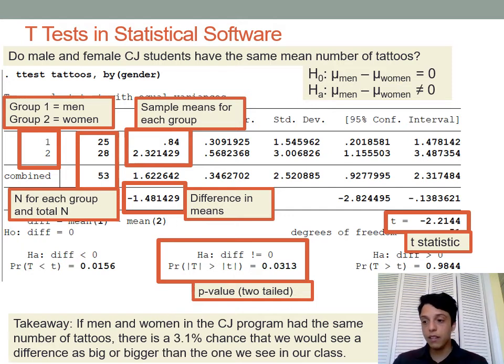So again, if you all had the same number of tattoos, there's only a 3.1% chance that we would see women having 1.48 more tattoos than men on average in this class. If we were using an alpha level of 0.05, which is your standard alpha level, we would reject the null hypothesis, because this is in the least likely 5% of differences in sample means that you'd get if in the population there really was no difference.